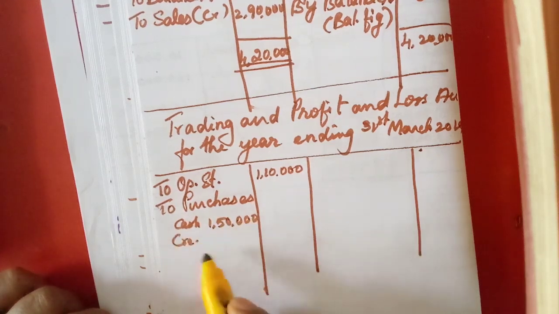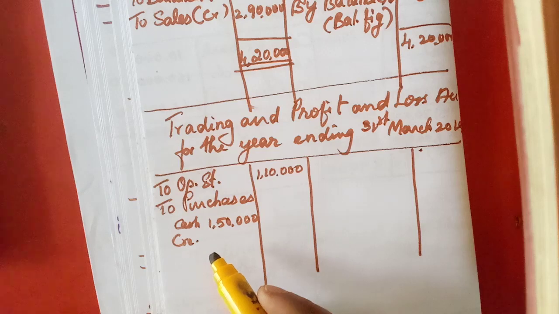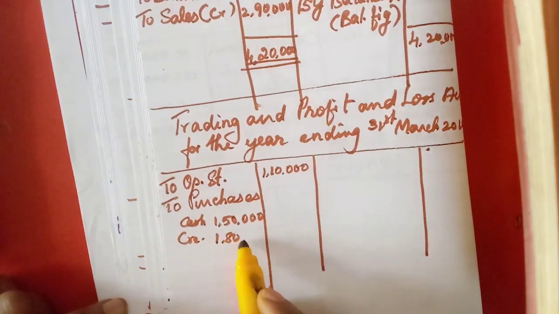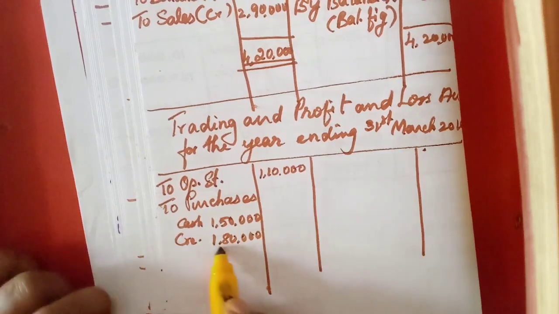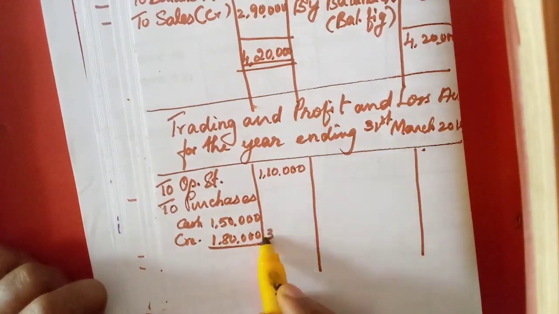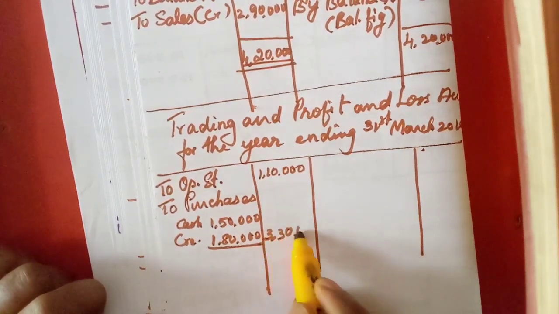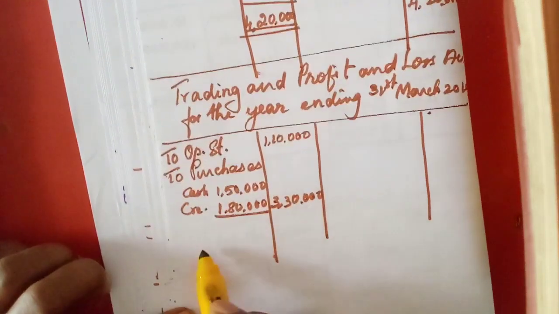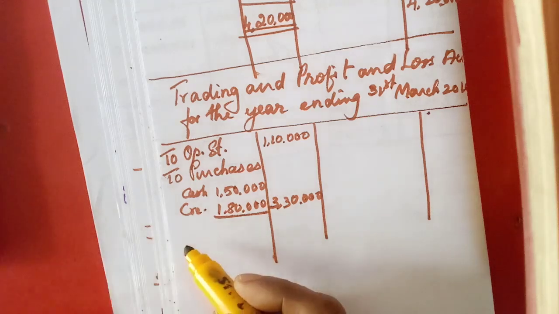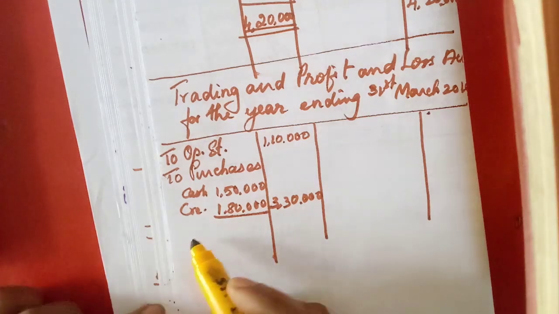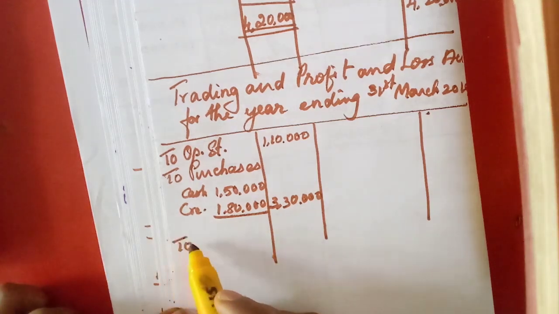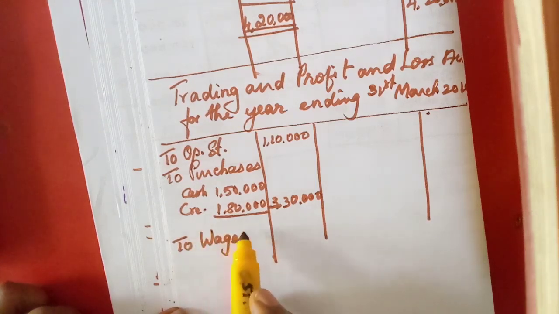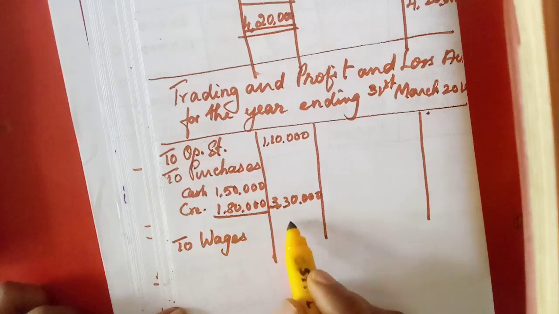Then credit purchases in the additional information, 1,80,000. So 3,30,000 I should write in this line. Then any direct expenses, wages. Yes, wages. In the cash book, on the payment side it is given. Wages 70,000.